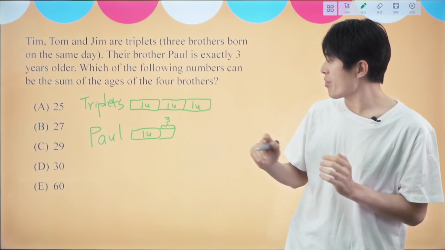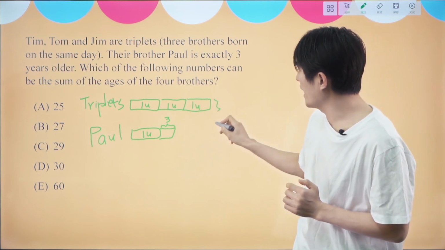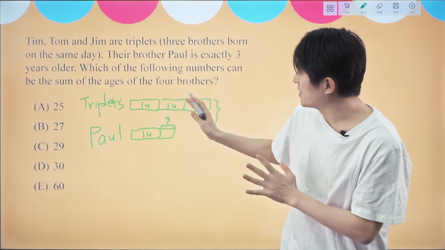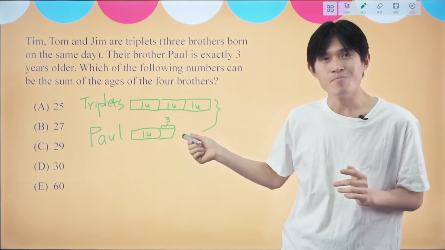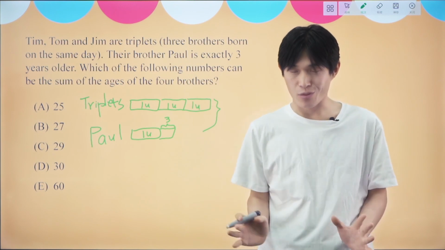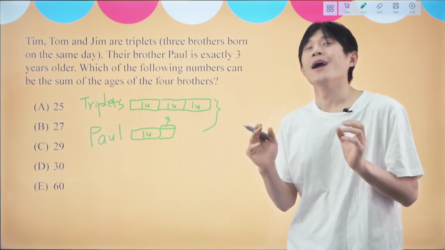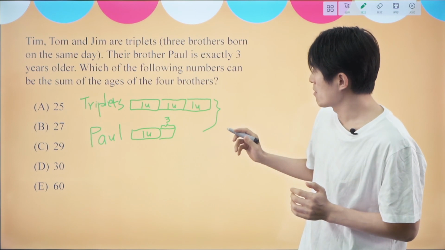The sum of the ages will be 3 units plus 1 unit plus 3. That will be 4 units plus 3.